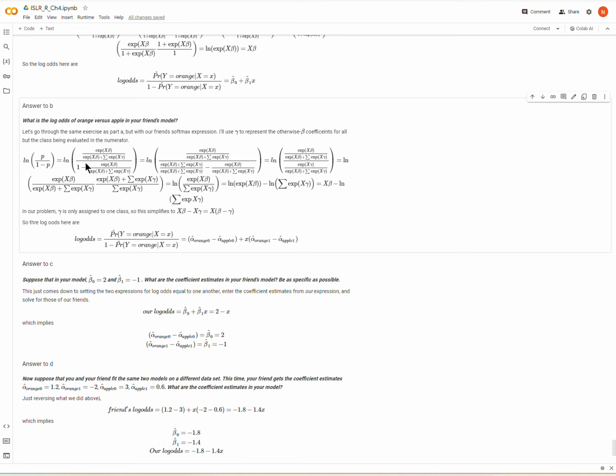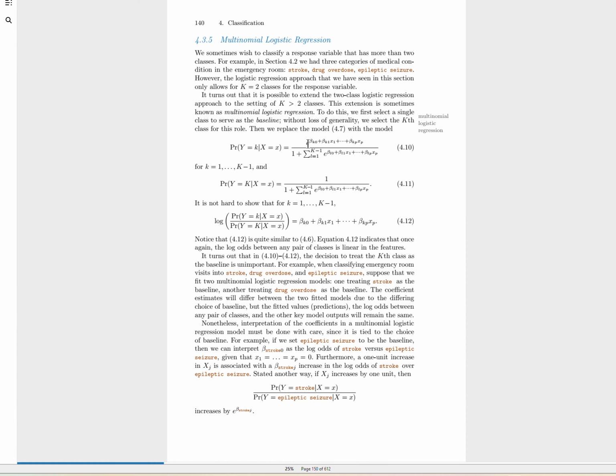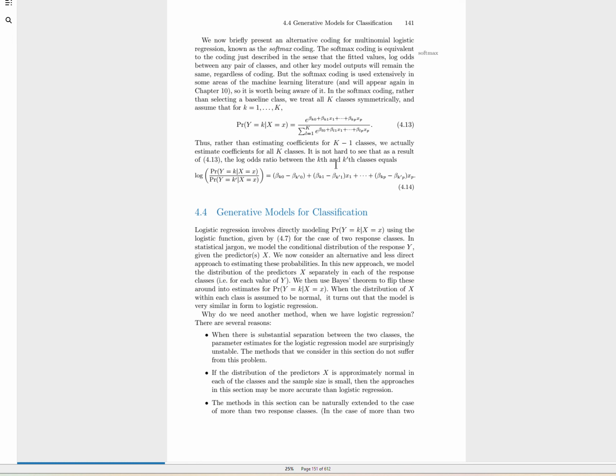Anyway, we go through the same thing. And you know what? I feel like I didn't explain that very well. Let me pull something up. This is the actual book. This is the logistic regression formula, which is what we were already looking at, but this is the softmax formulation.